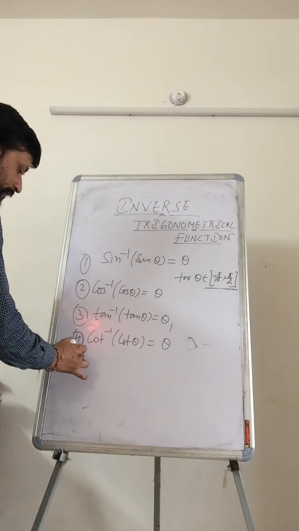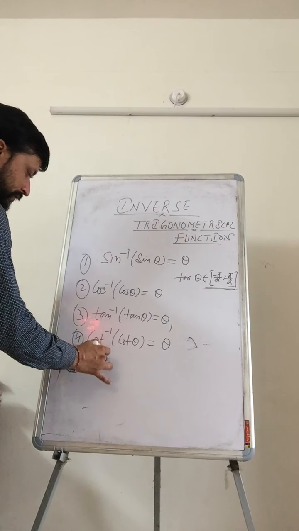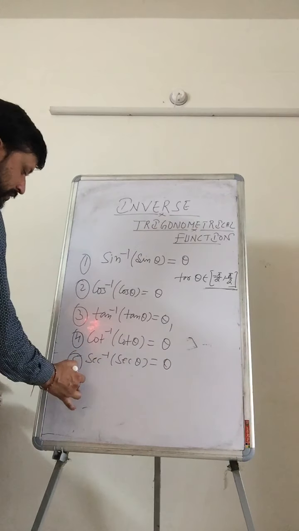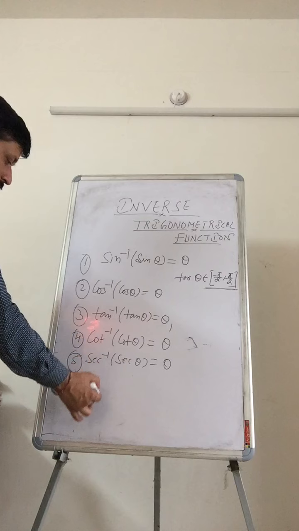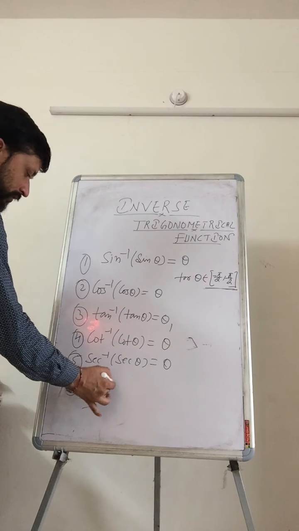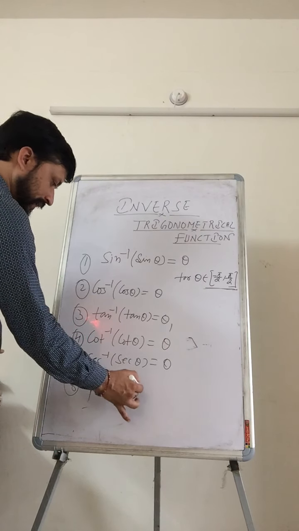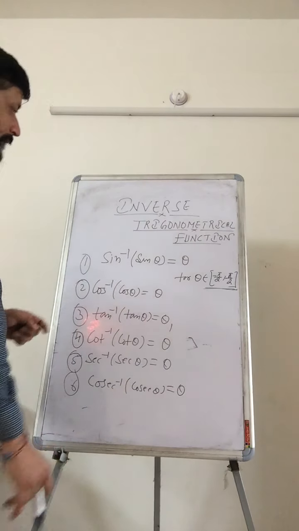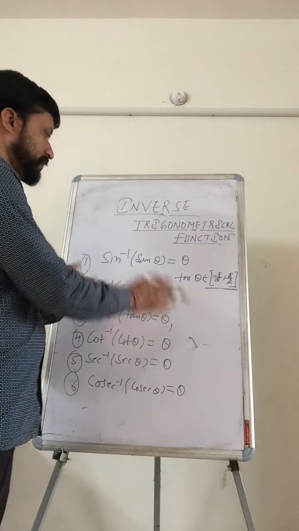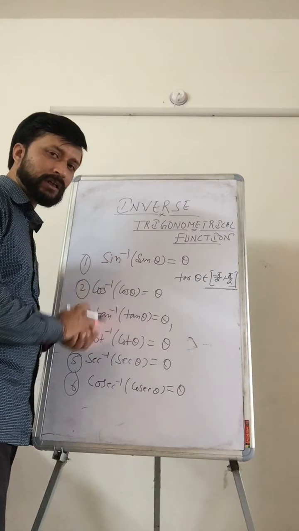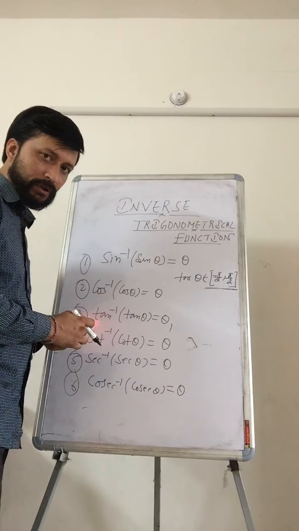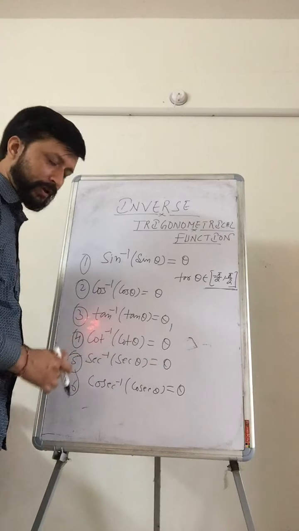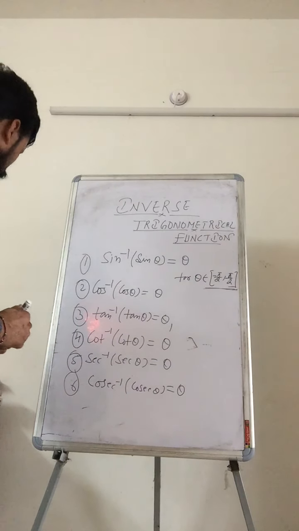Fifth number is sec inverse of sec theta equal to theta. Then what is left? Sixth number: cosec inverse of cosec theta equal to theta. First, if the angle is negative, then you have to convert it according to the first set of formulas. And if it is like this, then we can write it in this way. This is another set of formulas.